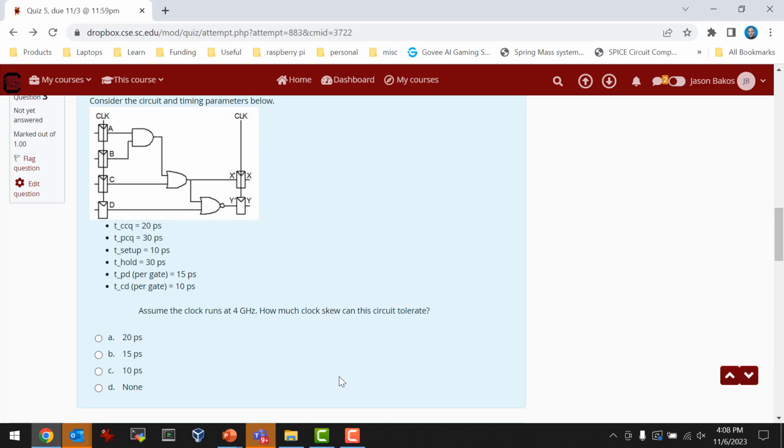For the hold time, we have to consider the contamination delay, which is the minimum time for the circuit. So that would be T CCQ. So this is setup, and then hold. We have the contamination delay of the flip-flops, T CCQ, which is 20 picoseconds, plus the contamination delay per gate. In this case, we have to consider the shortest path, which would be 1 gate, with a contamination delay of 10 picoseconds.